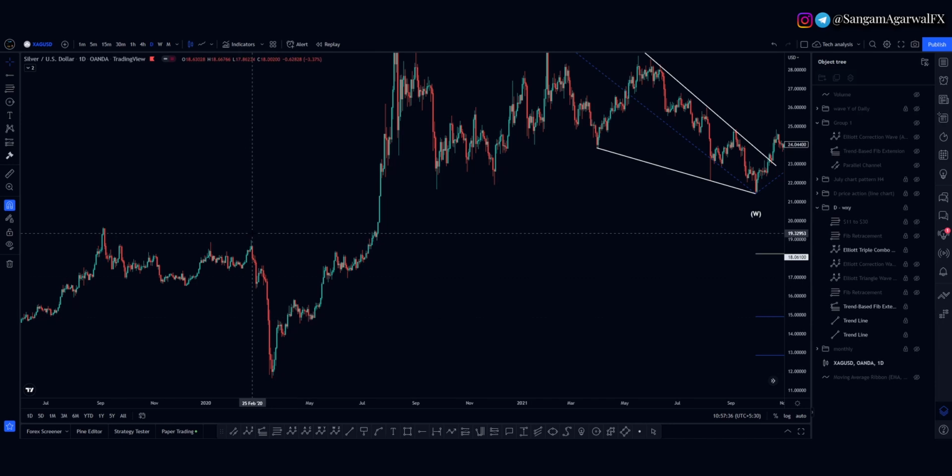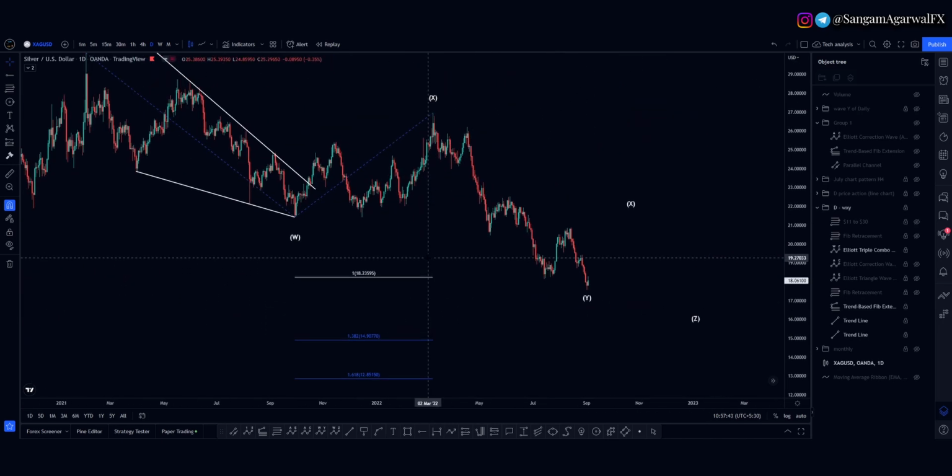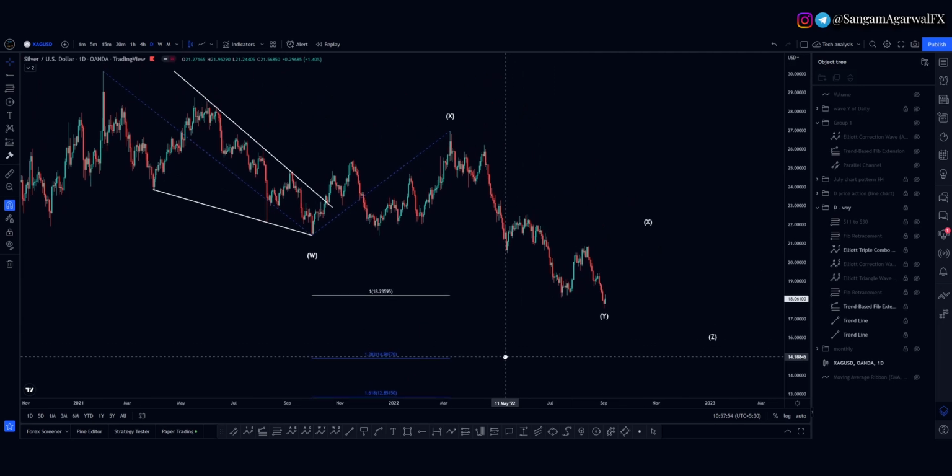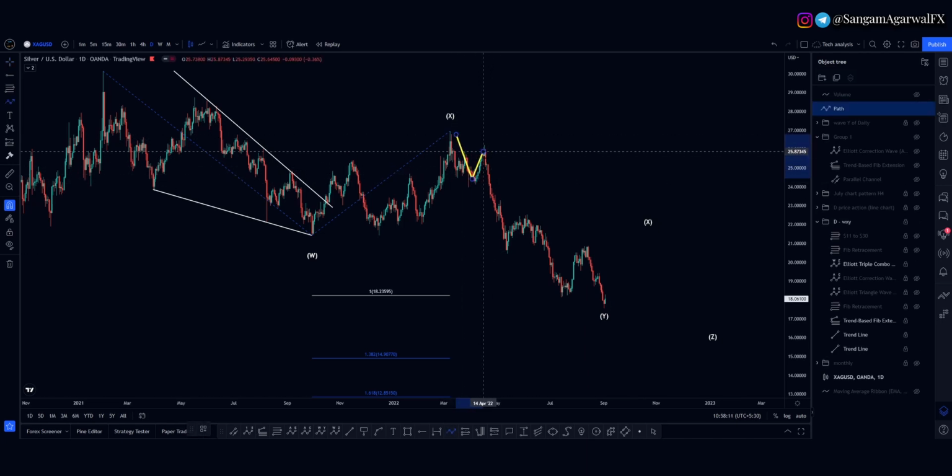and market crash return like March 2020 during coronavirus, then during margin call and market crash, it can even go up to 61% projection level, because right now we are in wave Y, and wave Y has not given a clear reversal signal, because it is making lower low, lower high.